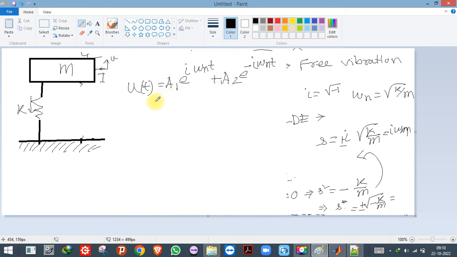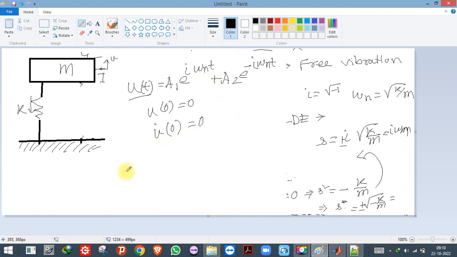If you apply the initial boundary conditions, the initial displacement is u of 0 and the initial velocity is u dot of 0. Putting u of t at time t equal to 0, you can find both a1 and a2.